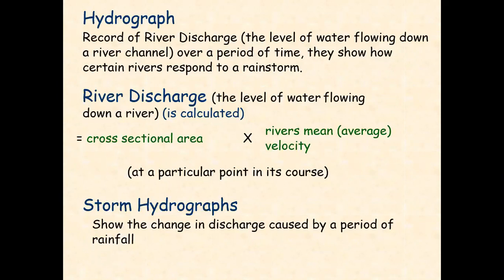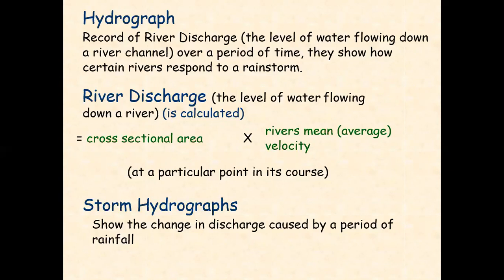Hydrographs record a river's discharge, the level of water flowing down a river channel over a period of time. They show how certain rivers respond to a rainstorm. River discharge is calculated by the cross-sectional area of that river times the river's mean average velocity at a particular point in its course.